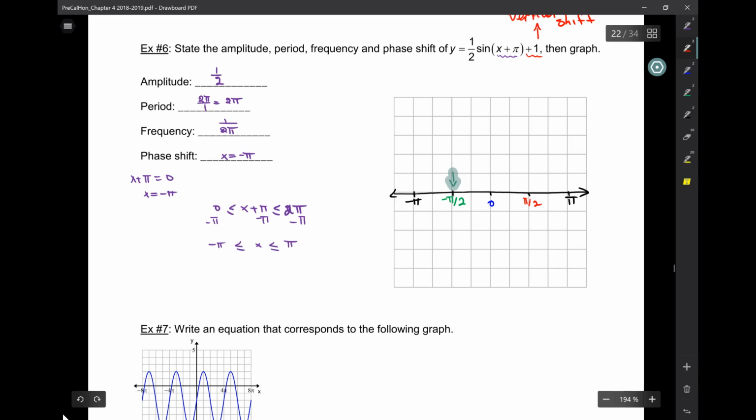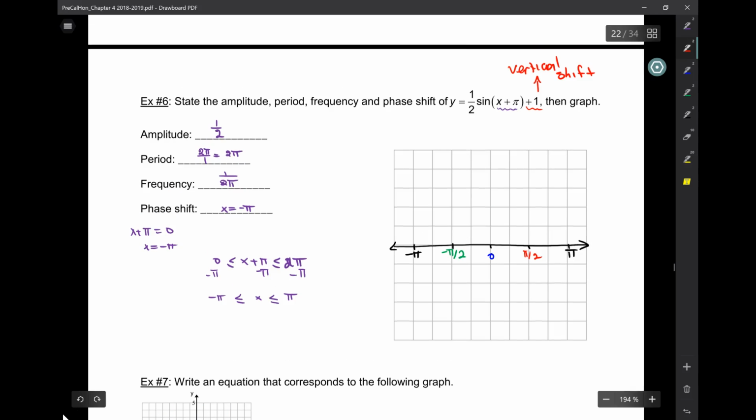Okay. Now for the vertical shift. Where is the y-axis here? It's on the 0. Okay, now look. Sinusoidal functions oscillate, and they oscillate around an axis.